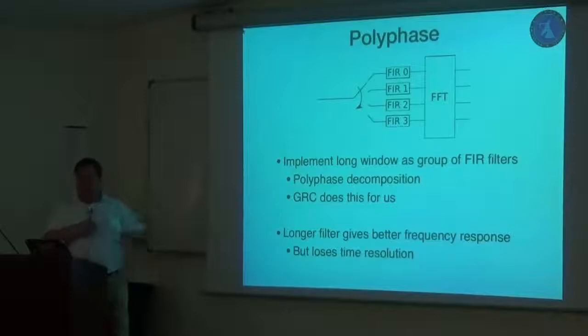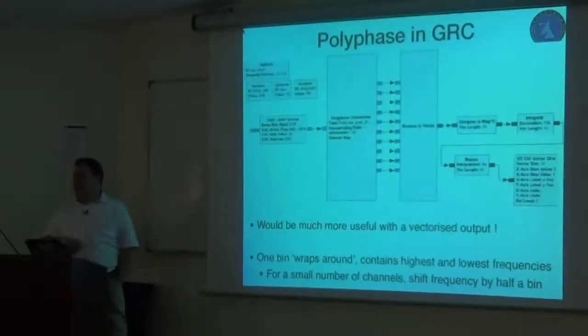Now, to go from a long sinc filter into all these separate FIR filters is somewhat involved, but GNU Radio will actually do that for you. So there is actually a block in GNU Radio, which is the Polyphase Channelizer. So the input is directly your input samples.